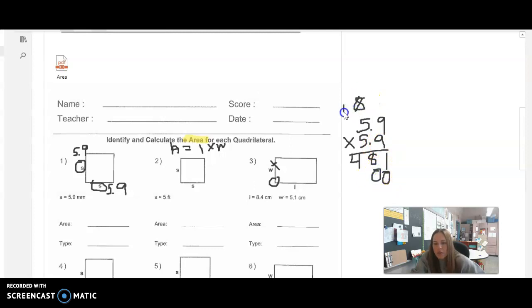Cross my 8 out, put a 4. 5 times 5 is 25, plus 4 is 29. 1, 8, 3, 3. And then I am multiplying decimals, so I'm going to highlight the numbers behind the decimal, same in my answer. So my answer is 33 and 81/100ths.